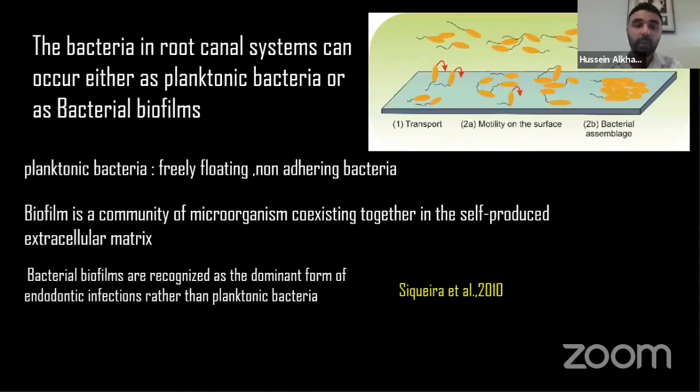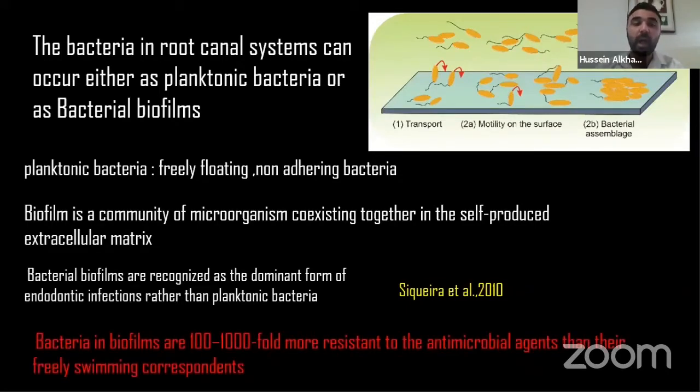Biofilm is recognized as the dominant form of endodontic infection rather than planktonic bacteria, and the bacteria in the biofilm are 100 to 1,000-fold more resistant to antimicrobial agents than their free-swimming counterparts. This highlights the need for efficient disinfection procedures to reduce their detrimental effect on the outcome of the therapy.